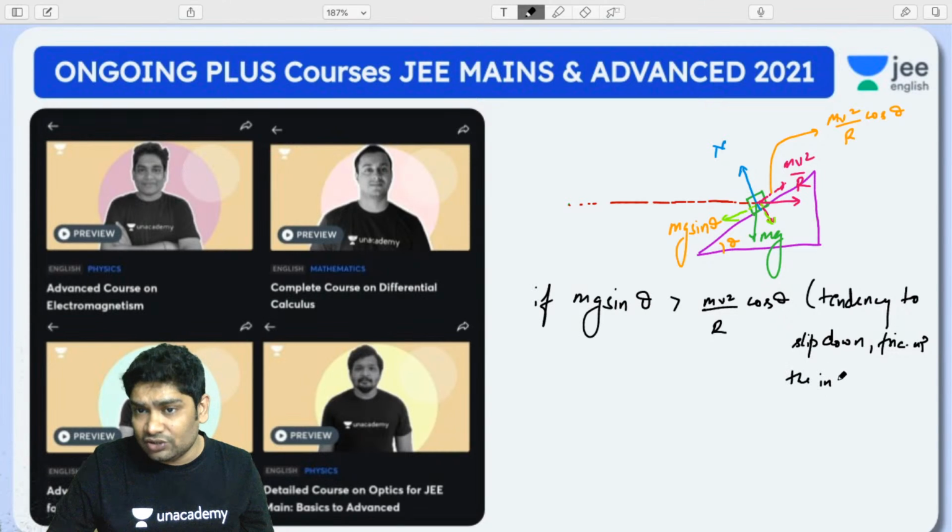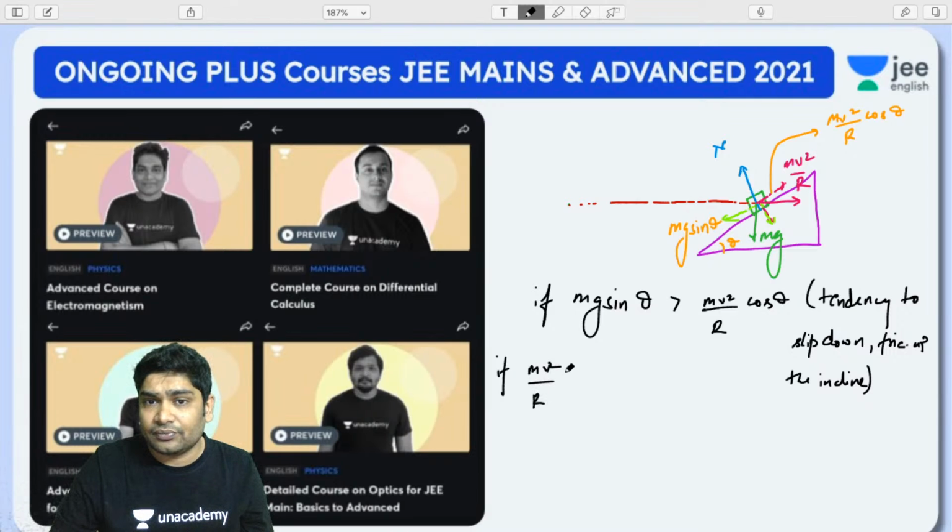And if you increase your speed, you can increase your speed to an extent where mv square by r cos theta would become greater than mg sin theta. Now you realize the pseudo force is trying to push it up the incline and mg cannot stop it.